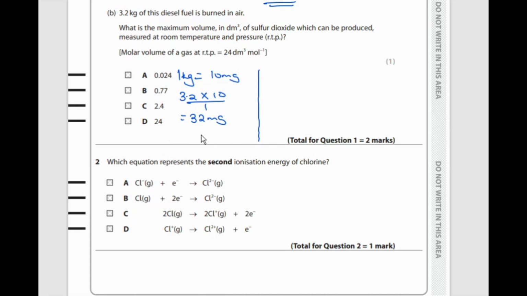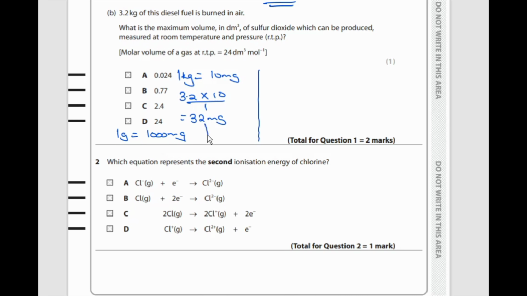Now from here, we need to calculate the number of moles of sulfur that we have in 32 milligrams. But before we do that, we need to do conversions. We know that 1 kilogram is equal to 1,000 milligrams.